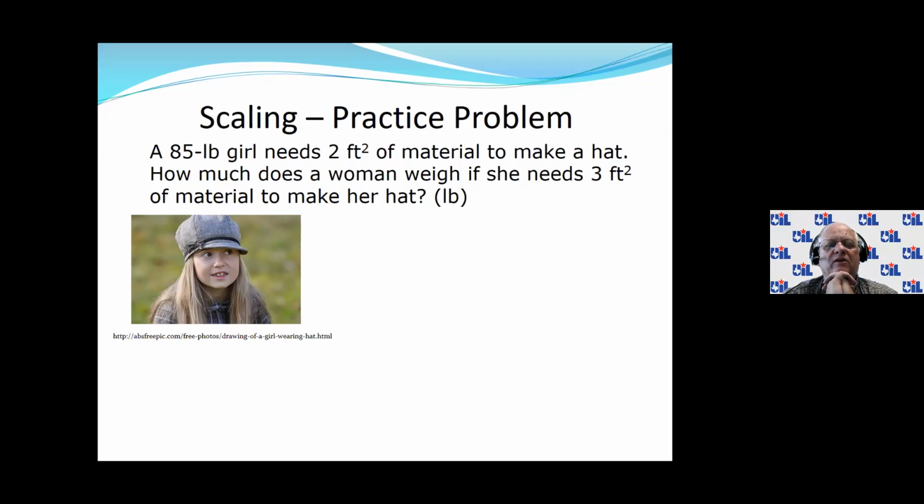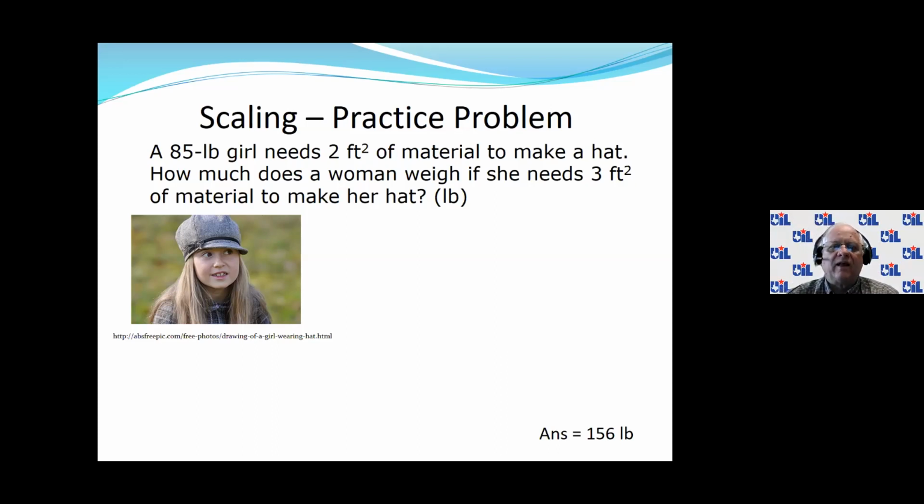So what we do is, I guess we would take 3/2 square feet, take the square root of that and then cube it, which would be 3 over 2 to the 3/2 power times the 85 pounds, and that will give me the weight of the female. When I multiplied it out, I got 156 pounds, which seems like a reasonable weight for a woman.